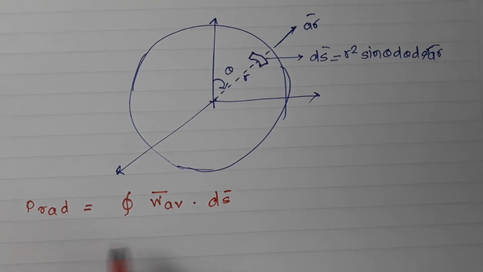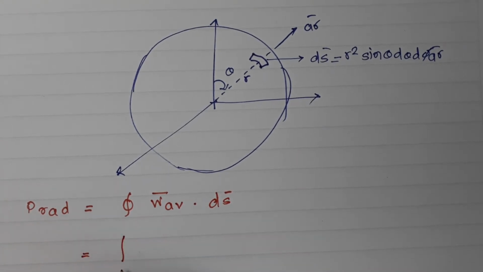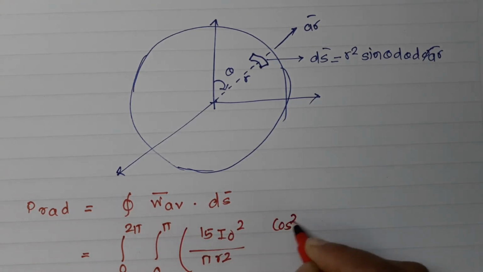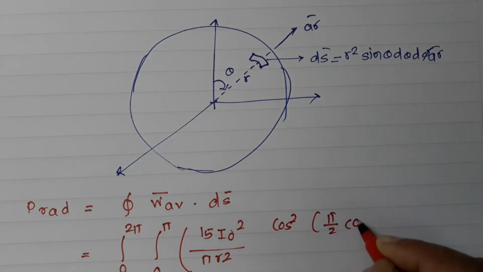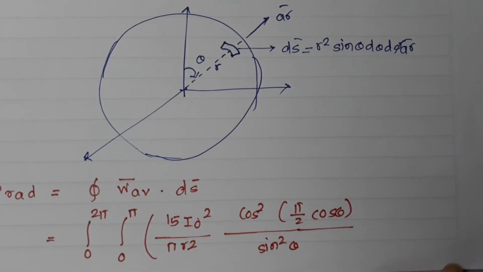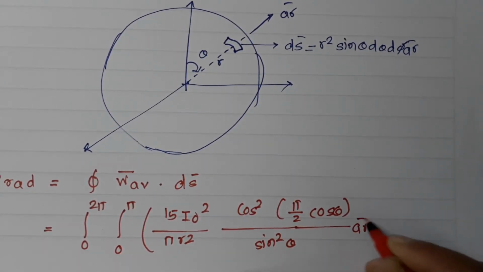So if I put all those things in the equation, I'll integrate phi from 0 to 2 pi, theta from 0 to pi. So this will be I0 square over pi R square cos square (pi/2 cos theta) divided by sine square theta into AR.